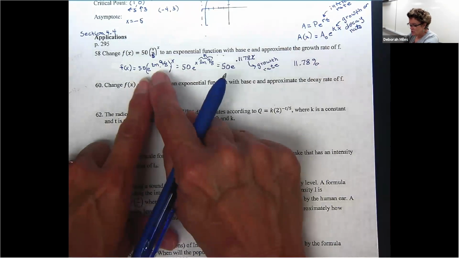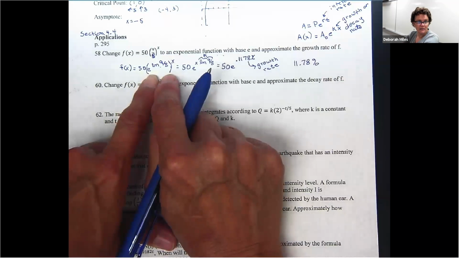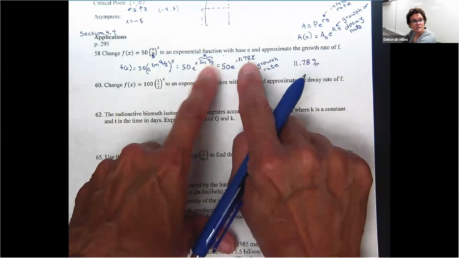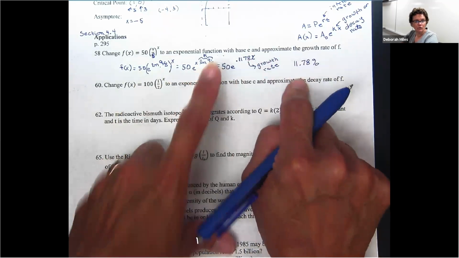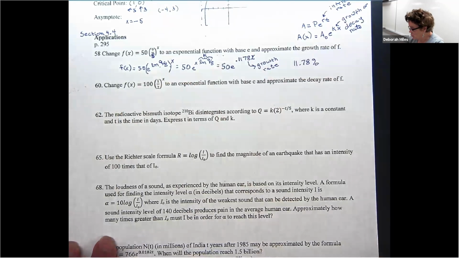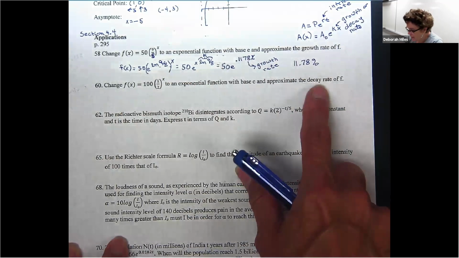So we changed base 9/8 to base e, and then we calculated the coefficient of x, and that was our growth rate. Number 60 is the same thing, except we can expect that exponent to be negative because this is a decay rate.